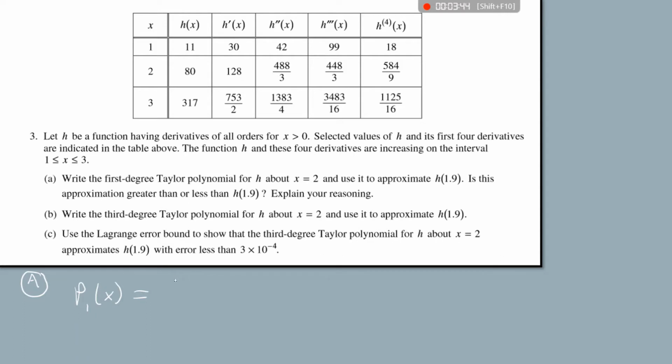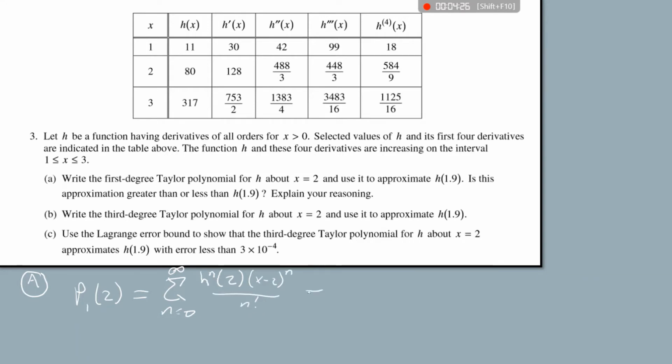I'm going to have the sum from n equals 0 to infinity of our function, which in this case is h. So this is the nth derivative of h at our x value. In this case, we are centering at x equals 2. Okay, times x minus 2 to the nth degree over n factorial.